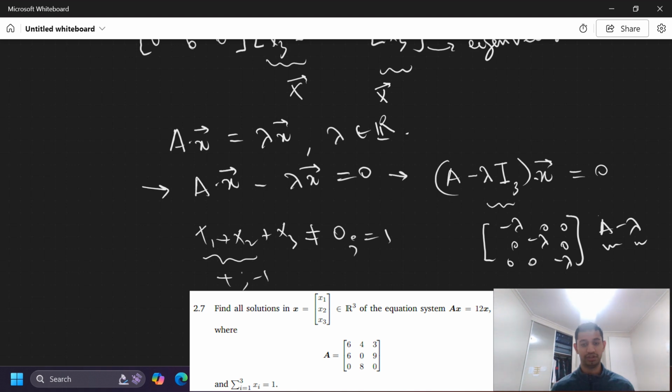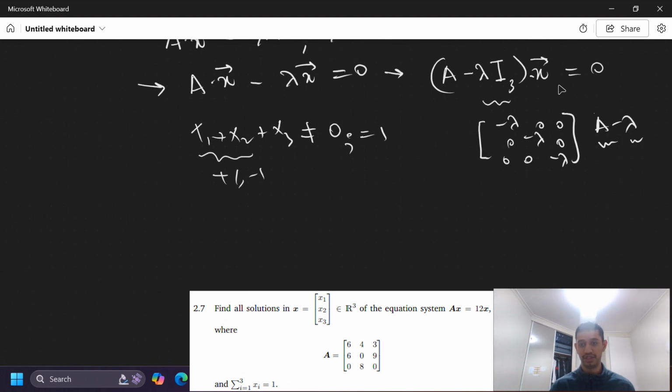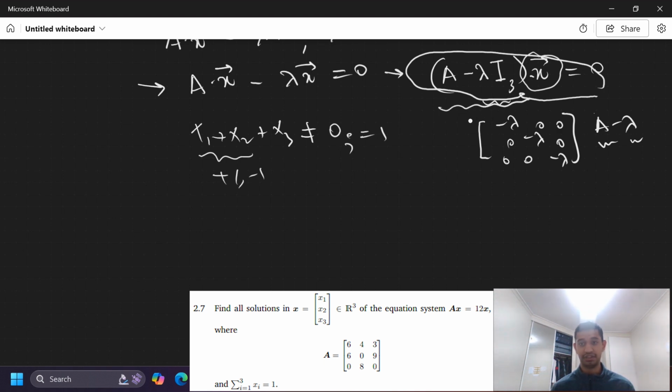So plus 1 or minus 1, something to cancel out. And therefore we can assume that within this entire statement, this vector is not entirely 0. And so if this is not entirely 0, you expect this matrix to be singular if you like. That is, the determinant for this would be 0.